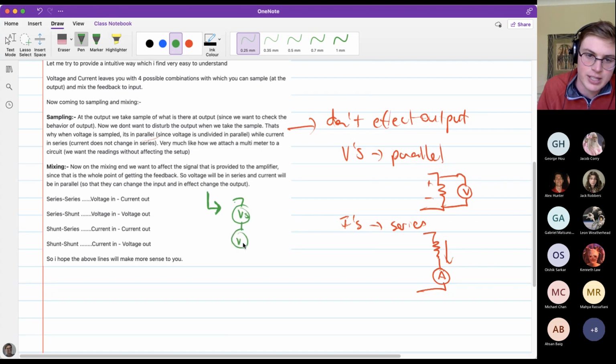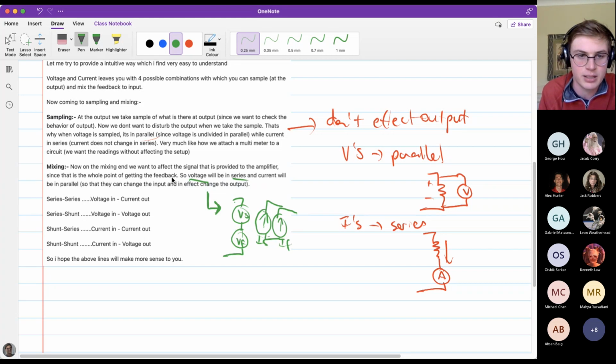We want to add our feedback voltage in series in order to affect what our input is. And same for currents. We want to have currents flowing into the same node. So this can be our I source, and then we have our I feedback, both feeding into the same node. So that's why, if we want to mix in voltage, we do it in series, and current becomes in parallel. So that gives us this nice table.